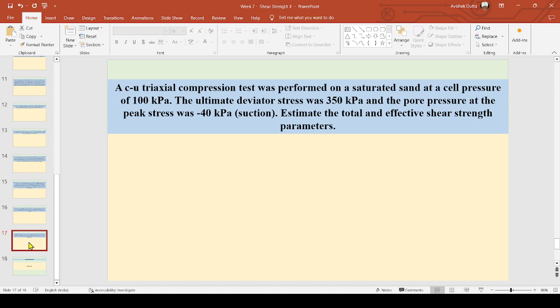Estimate the total and effective shear strength parameters. Now, in a consolidated undrained triaxial test performed on saturated sand, the cell pressure sigma 3 is 100 kilopascal and the ultimate deviator stress at failure was 350 kilopascal when the pore pressure at that peak stress was minus 40 kilopascal. Since the pore pressure is also given, we have to find out the total and the effective shear strength parameters.